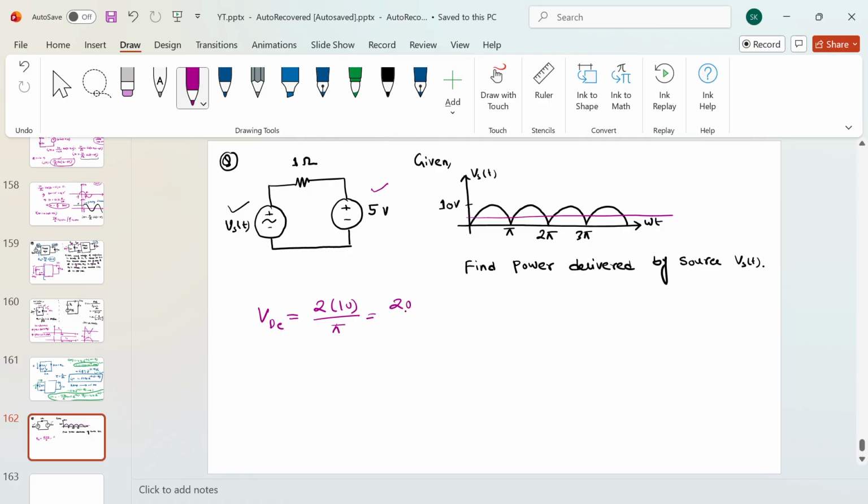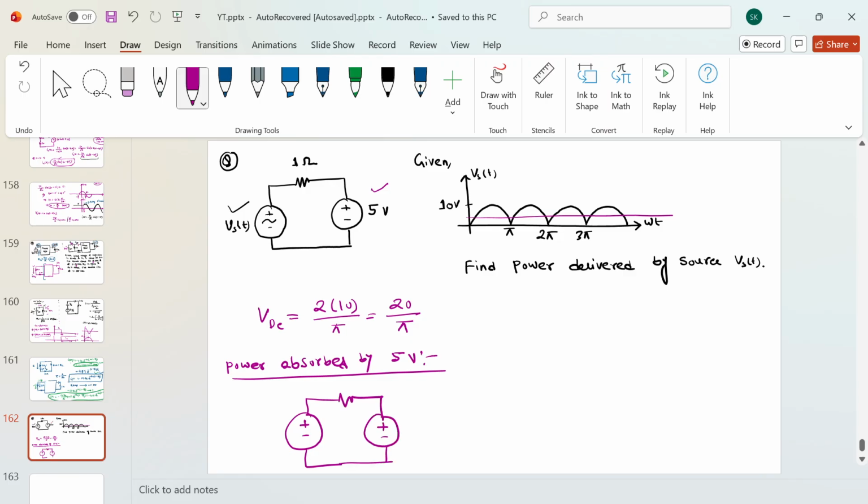So 20 by pi. If I want to calculate the power absorbed by the 5 volt, I have DC of 20 by pi, this is 1 ohm, and this is 5 volt.